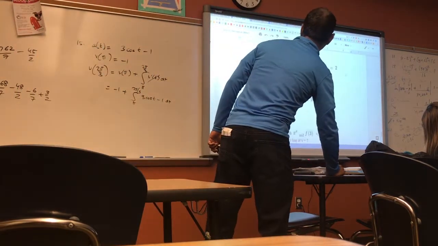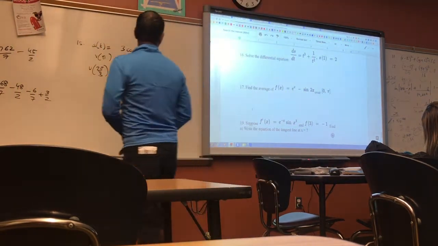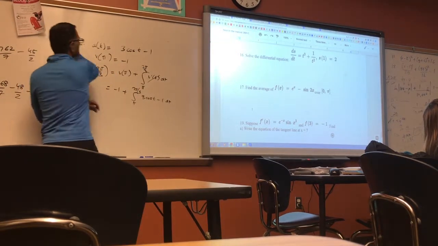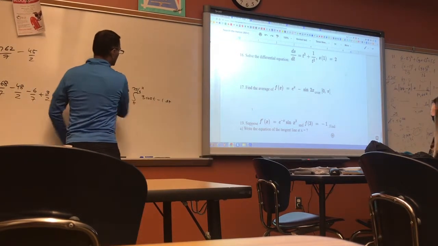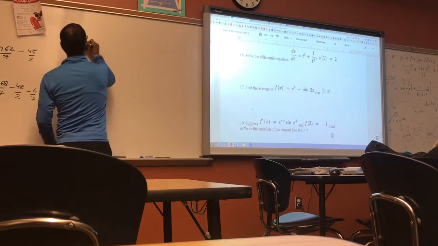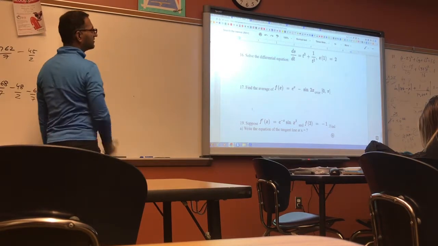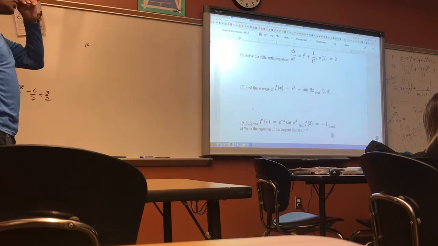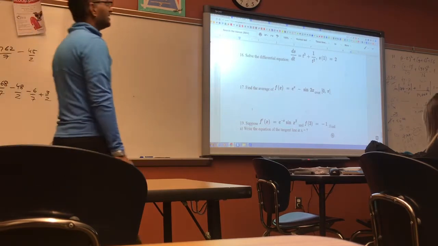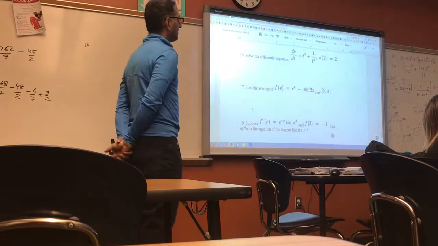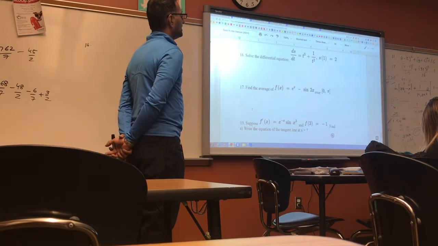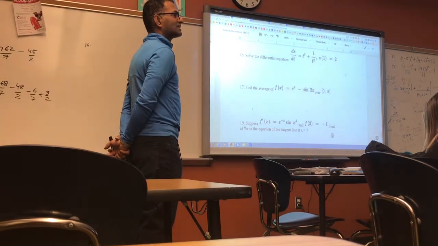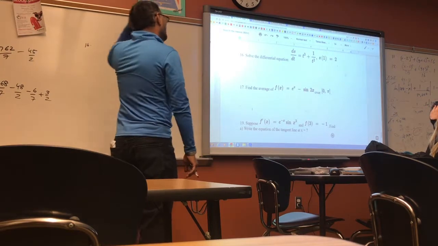All right, question number 16. It says solve the differential equation. They're giving us s of 1 equals 2, write that down. At this stage, I showed you a different trick to find s of t, by the way. So see if this trick comes back. I taught you this like 2 days before the chapter test.